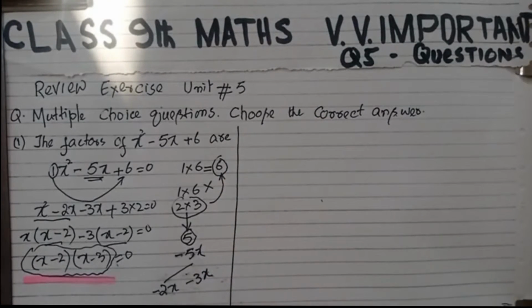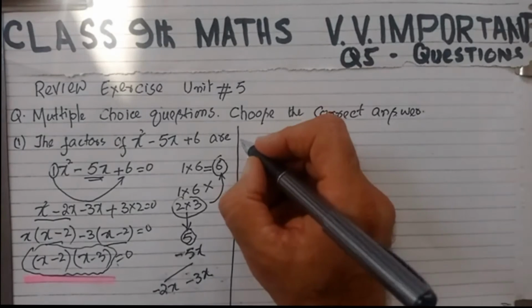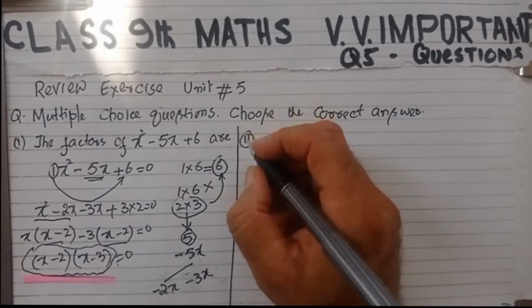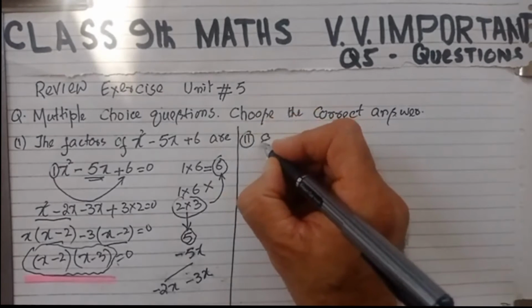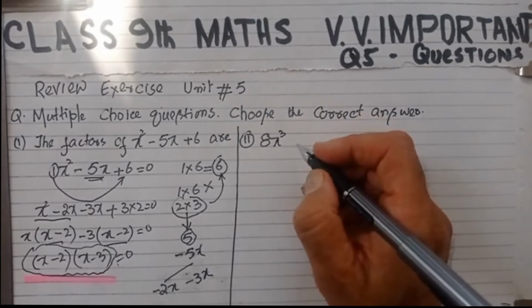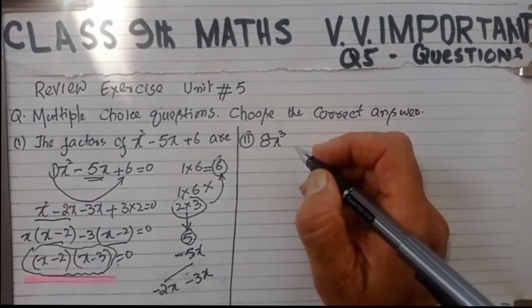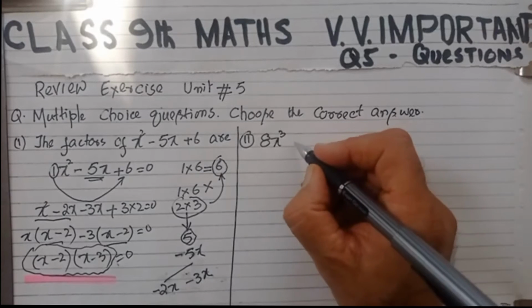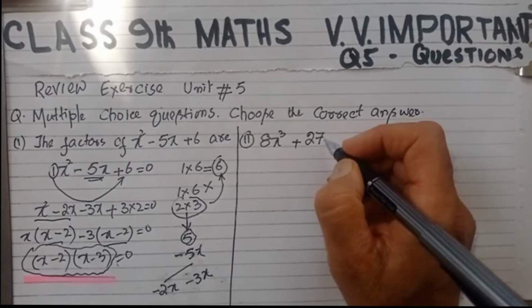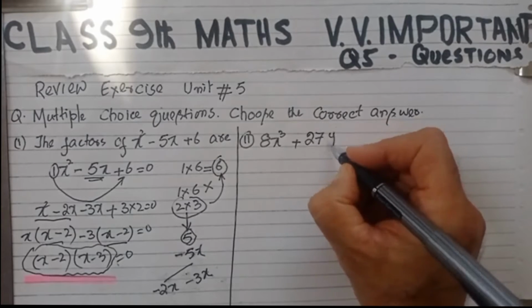Now the second one. All the questions are very easy. The second part is 8x cube plus 27y cube.